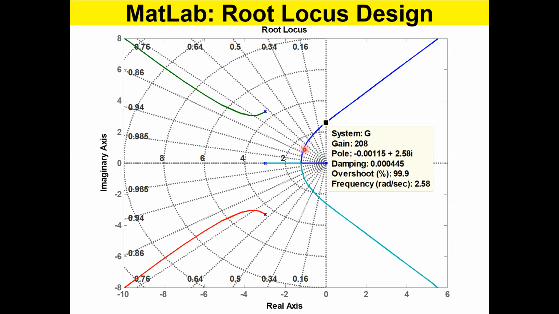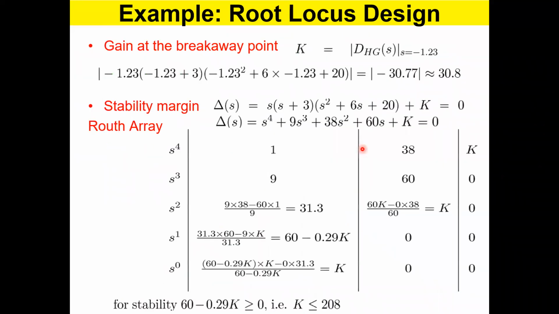Here, here, here, or any point. Once you figure that out, you can go to Matlab and it will tell you the gain. What it does is use this equation and calculate the gain for you.